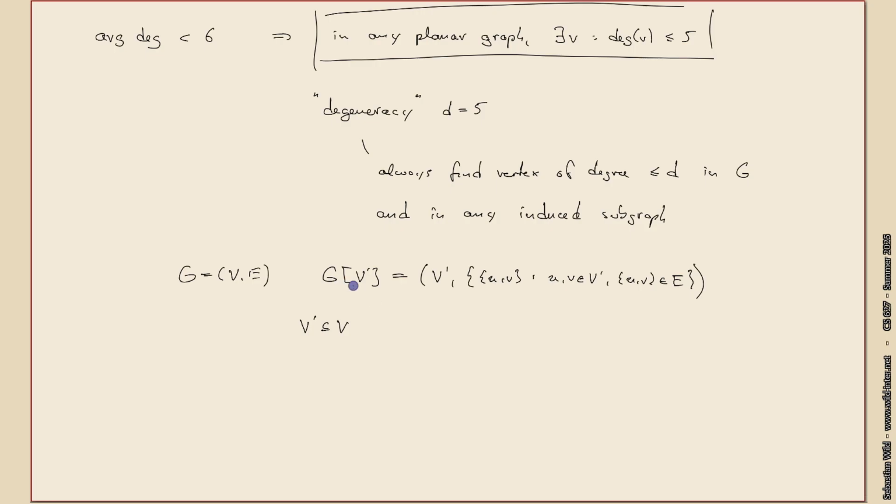If you have a graph and then square brackets with a vertex set, that means induced subgraph. That's that notation. Brilliant. Maybe you also have a feeling now how this independent set algorithm could work.